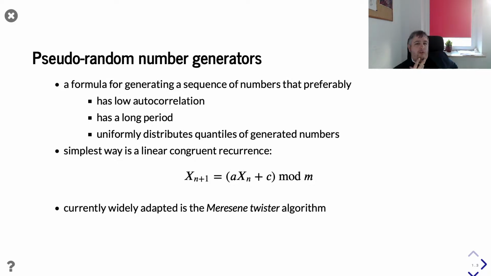So those numbers will look like they come from the uniform distribution. The simplest way to generate a sequence that looks like that is a linear congruential recurrence. The next sample is generated from the previous sample using a linear affine transformation and a modulo operation.